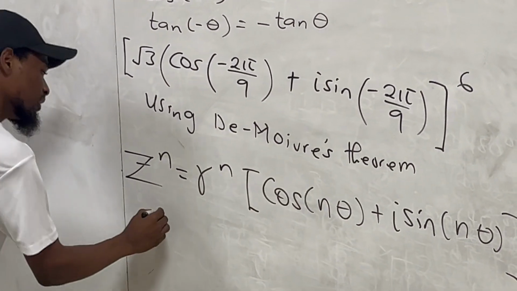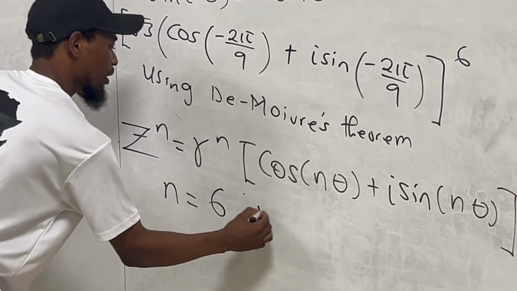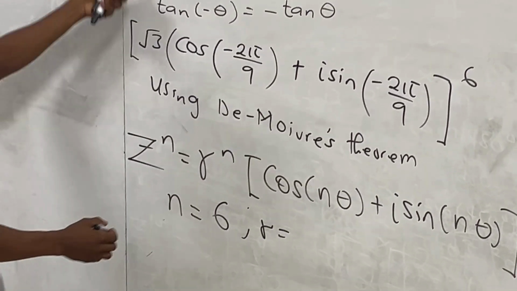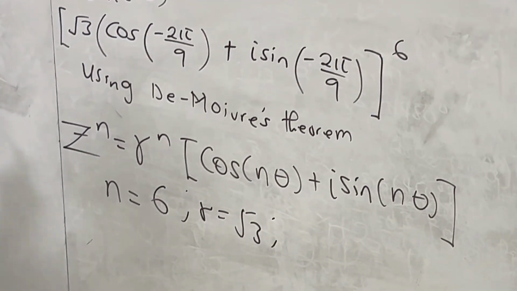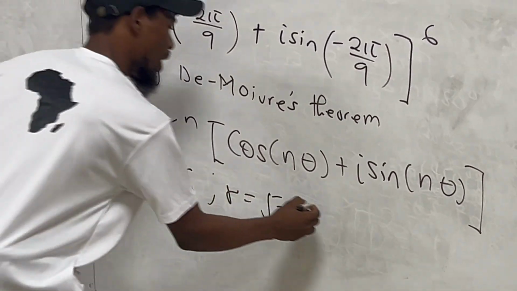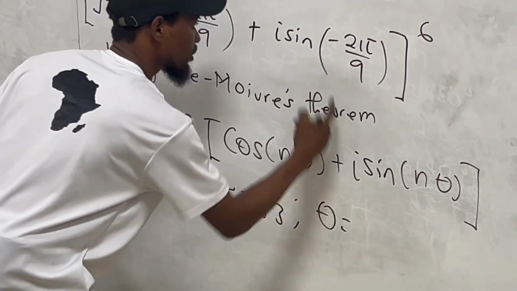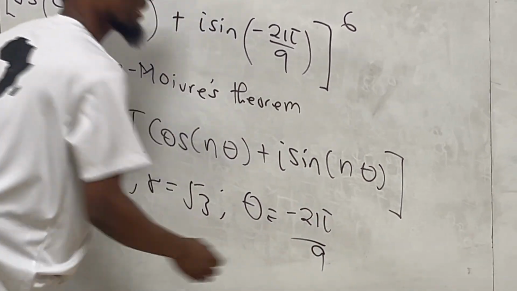So we know that n is equal to 6. Then r is what? Root 3. Then now our angle here we have what? Negative 2 pi over 9.